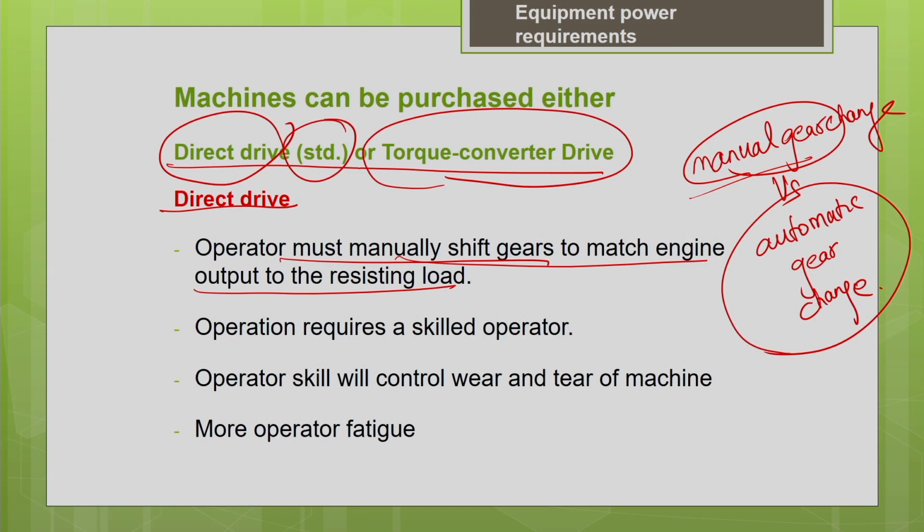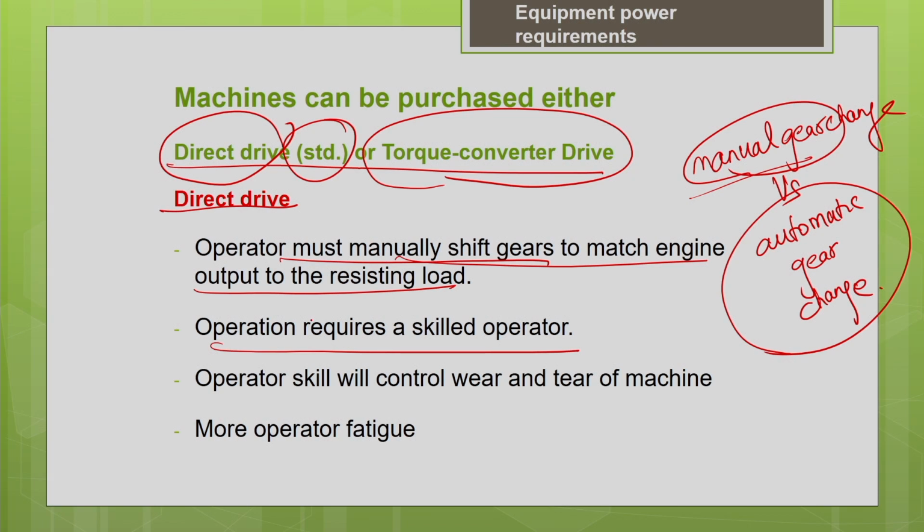If he is a skilled operator, he can handle it very well. This operation requires a skilled operator, particularly for constantly changing load conditions, so that he can match the engine output to the resisting load.